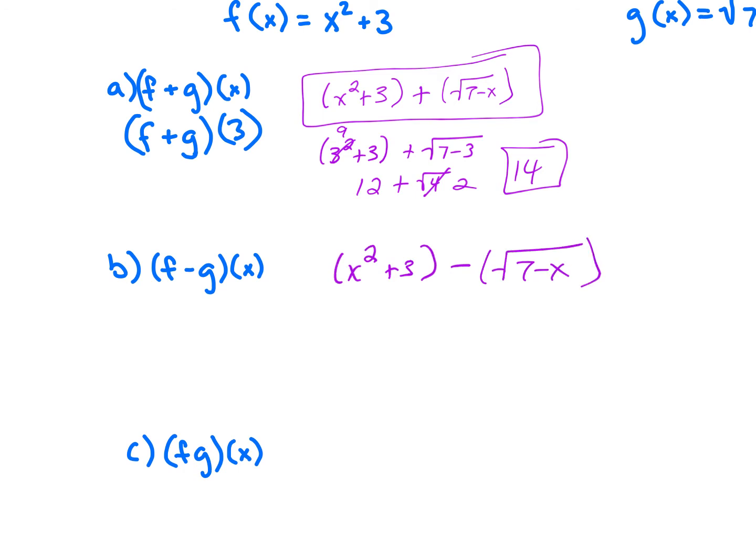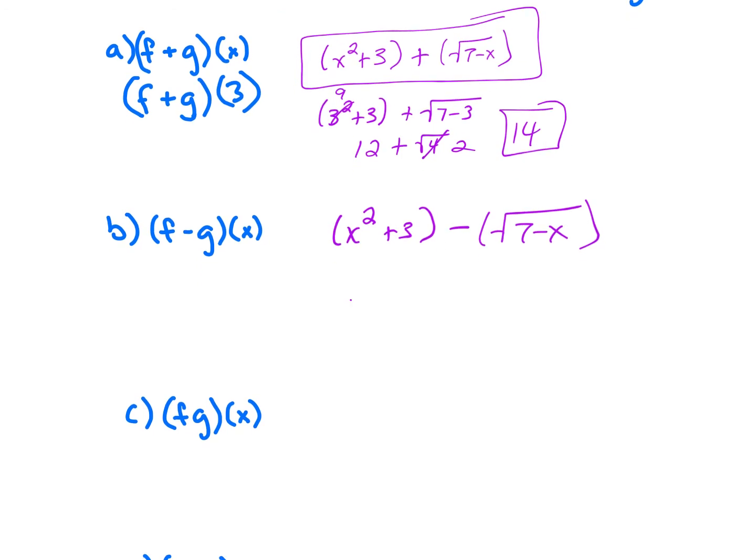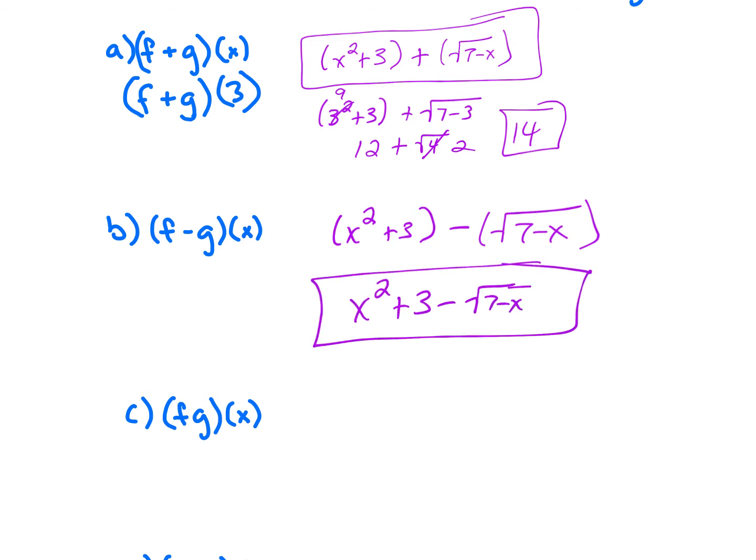I have to distribute the negative sign, but does the negative sign go into our radical? No. You can't penetrate that radical if that radical's there. So if you simplify this, this is just x squared plus 3 minus the square root of 7 minus x. That's it. And then if they asked you to evaluate with a number, you just plug the number in.